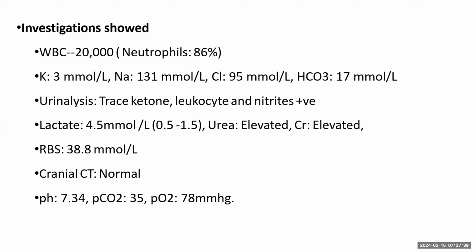The lactate was elevated at 4.5 millimoles. Urea was also elevated, and creatinine was elevated. We are not given any value specifically, particularly with respect to creatinine. The random blood sugar was markedly elevated at 8.8 millimoles per liter, and the cranial CT scan was normal. pH was 7.34. Partial pressure of CO2 was 35, and that of oxygen was 78 millimeters of mercury.